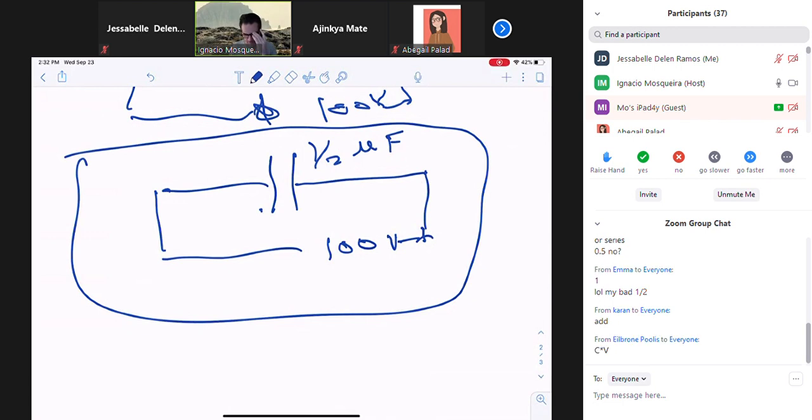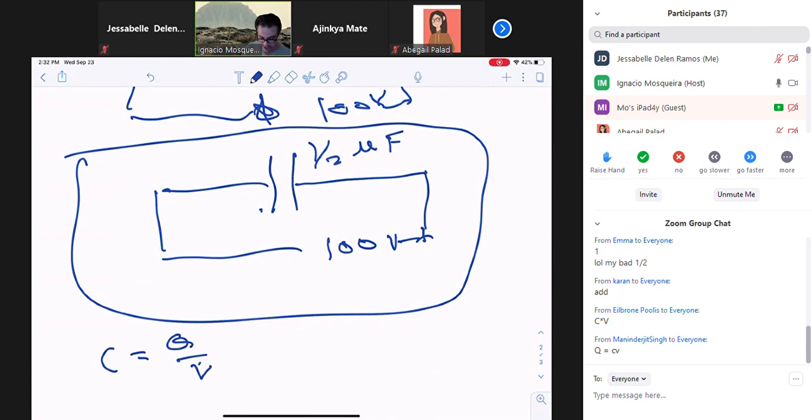How would I find that? Yes, that's just the definition of a capacitor: C equals Q over V. I know C; what I'm looking for is Q. So as Manderjit said, Q is just CV.